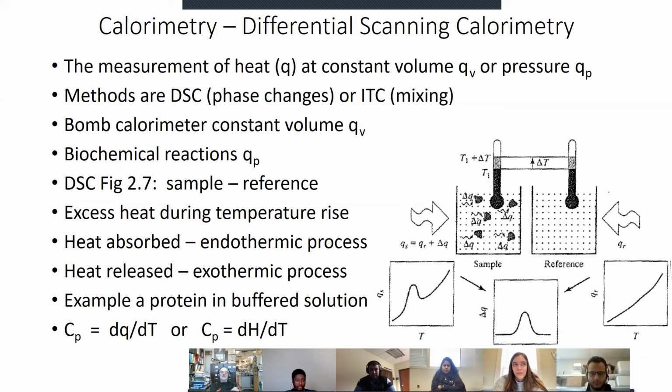And then the other method is something called ITC, which we'll cover second, and that's isothermal titration calorimetry. And that's usually for mixing, is the way it's described in this beginning section, or a titration experiment, where you're actually measuring the heat evolved upon binding of a ligand, for example, to a macromolecule, for example.